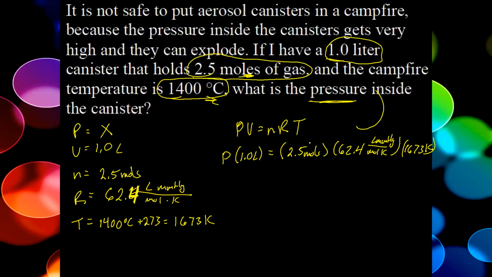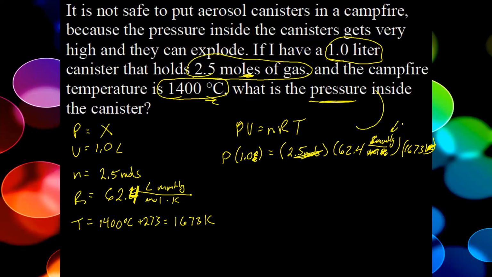So I'm pausing a moment, letting you catch up. I'm going to show you what happens to the labels. Moles cancels moles. Kelvins cancels kelvins. Way over here, liters cancels liters. I have only one label left. What's that label that's left?